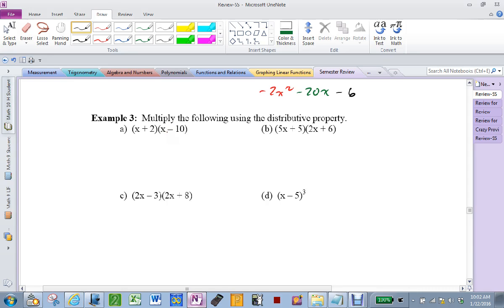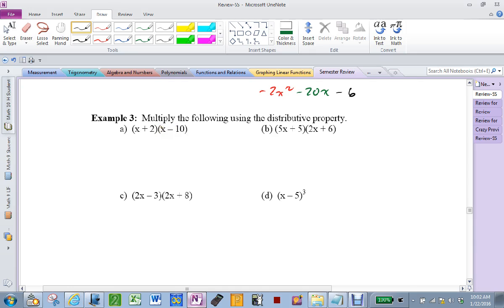Okay? Now some of you already know this answer is x squared minus 8x minus 20. Some of you don't, because you don't get the shortcut. So you're going to do the math. What if the word FOIL falls out of your head? I don't know what to do here.